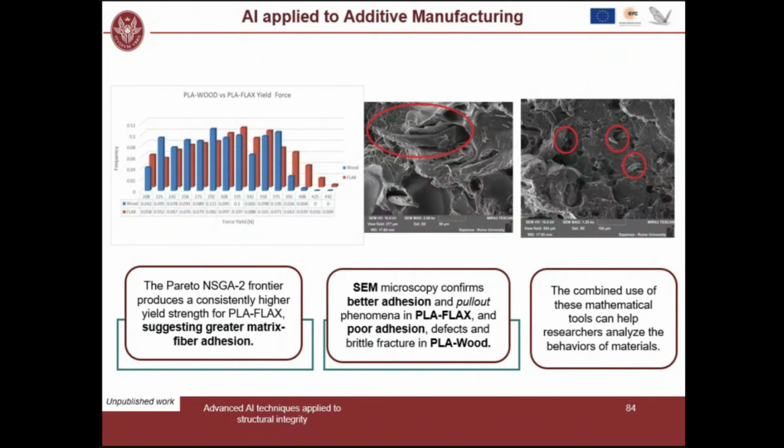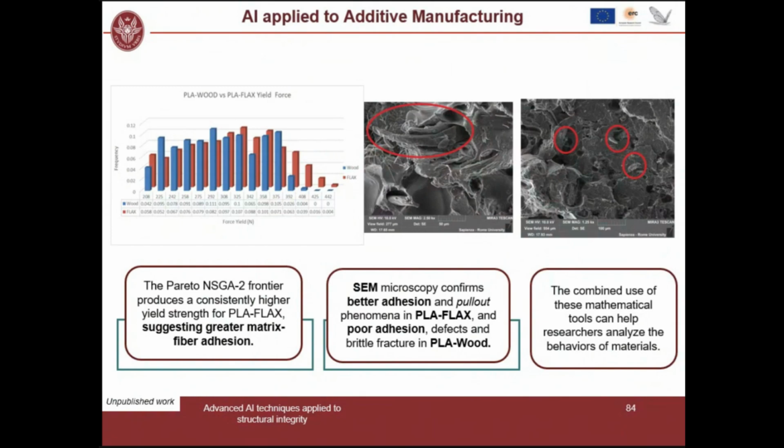To confirm that hypothesis, we conducted some SEM analysis on the fracture surface of the specimens, and we saw that an interface is indeed present between the flax and the PLA, and it is absent between wood particles and PLA matrix. And mind that the PLA is the same.